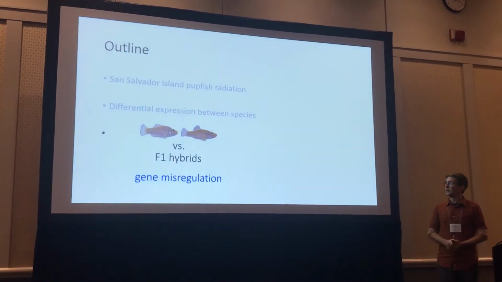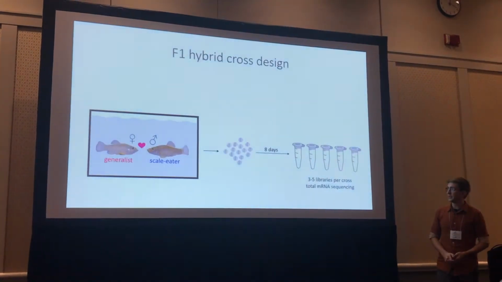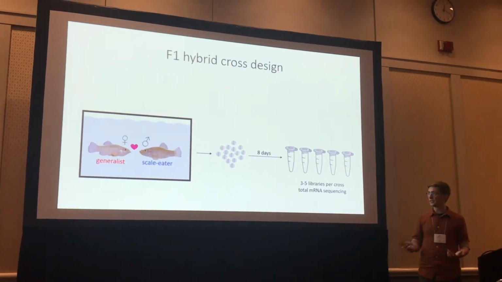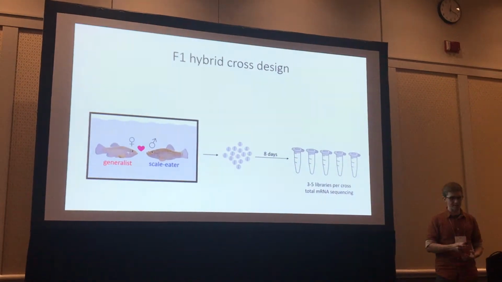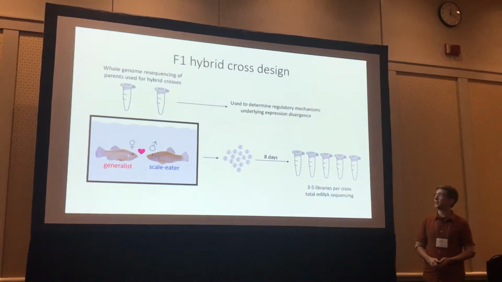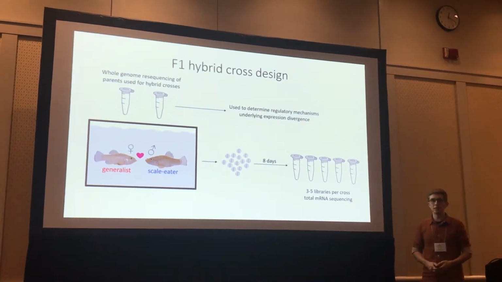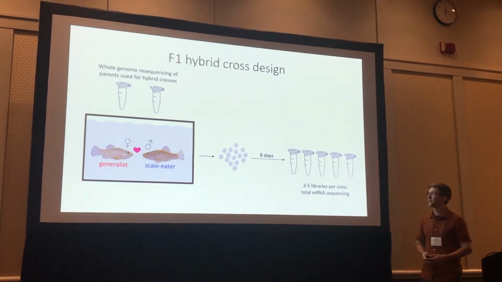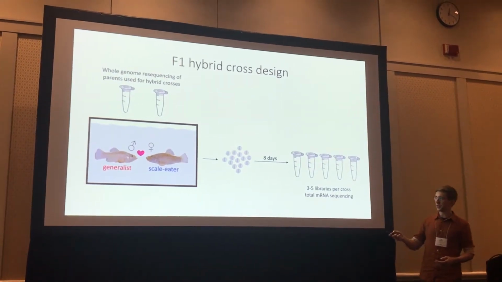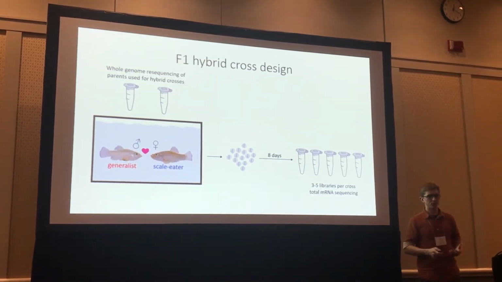And then now to look for gene misregulation, I again set up crosses, but this time between species, and then extracted RNA from their F1 hybrids with the same methods. And then I also sequenced their parents so that I could look at regulatory mechanisms underlying expression divergence between species. And then I had reciprocal crosses for a lot of crosses to control for maternal effects.